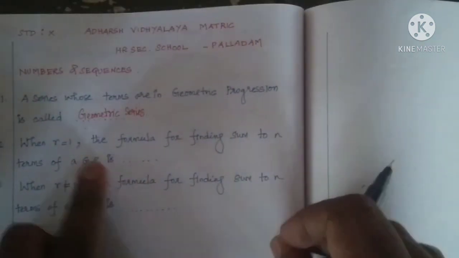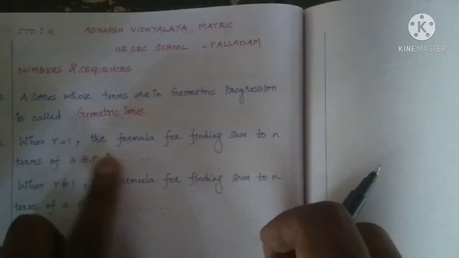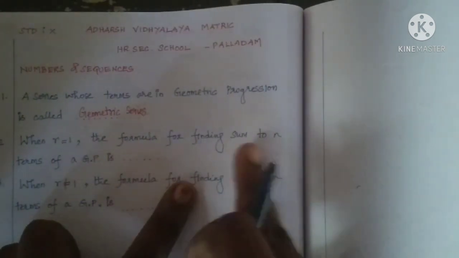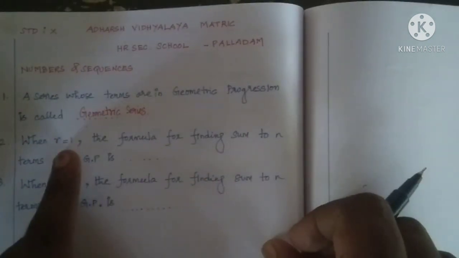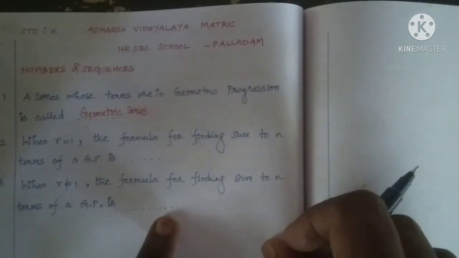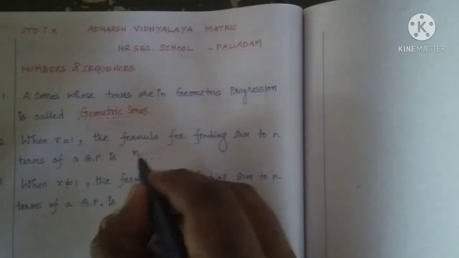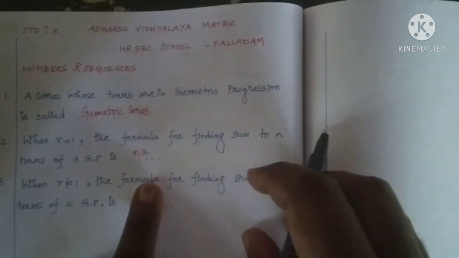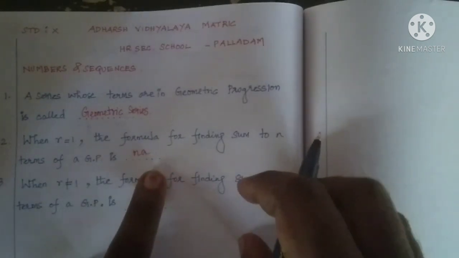Second question. When the common ratio r is equal to 1, the formula for finding the sum to n terms of a GP is dash. You know that for r not equal to 1 we have the formula a(r^n minus 1) divided by (r minus 1). If r is equal to 1, the formula is n times a.